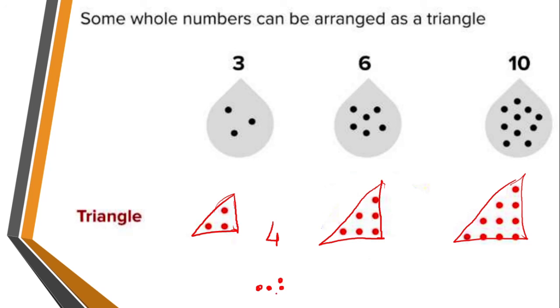If we arrange that one dot, is this a triangle? It's an irregular shape, right? This is not a triangle, it's an irregular shape. So 4 is a square number and it's not a triangle number actually. So only some whole numbers can be arranged as a triangle, not all.